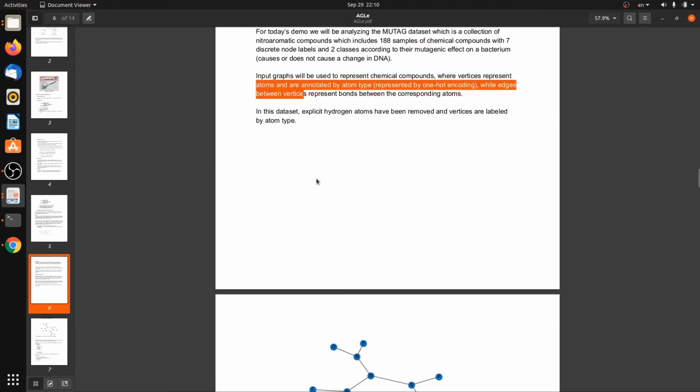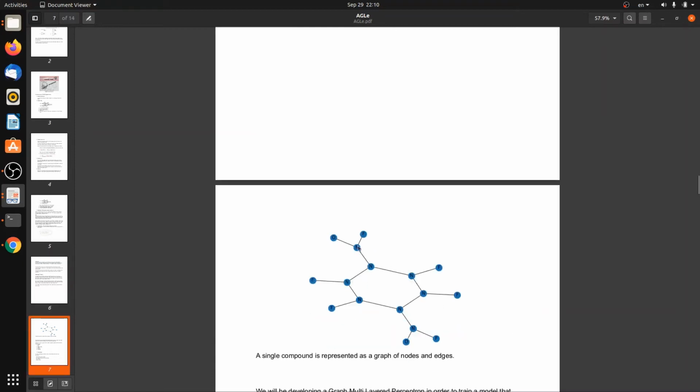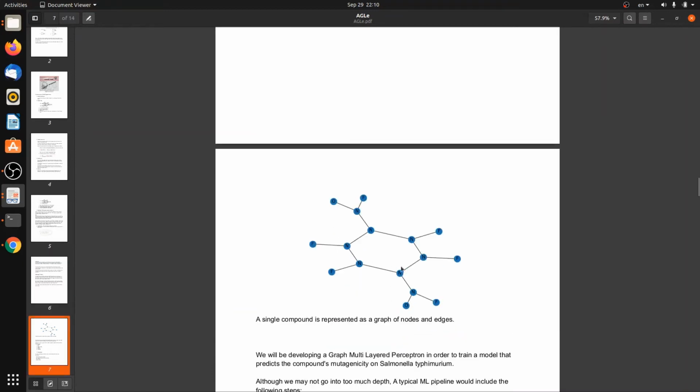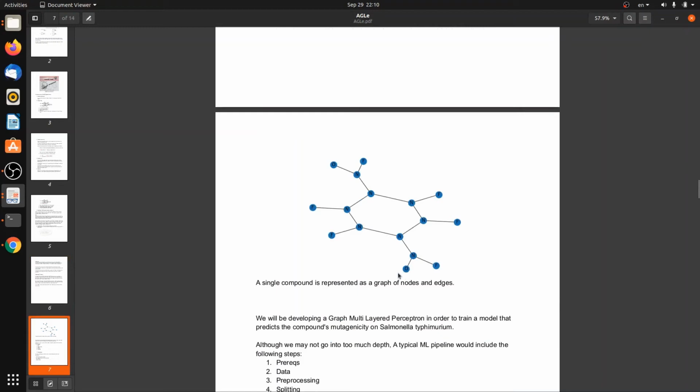So as we said, this is chemical compounds. Okay, this is important. We're going to represent a graph right here. This is a real graph of one of the chemical compounds. As a note, here hydrogen atoms have been removed, and vertices, or nodes, are labeled by atom type.